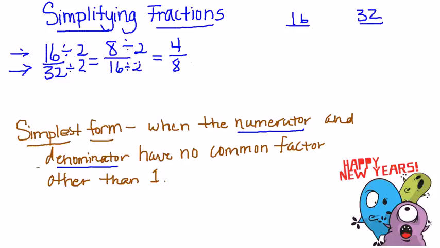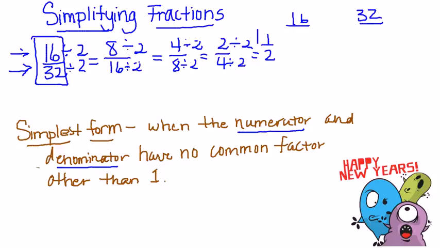Yes, I can, because those are two more even numbers. Divided by 2 gives me 2 and 4. Look at that. I could divide it by 2 again. And I would get 1/2. So 16/32 is renamed as 1/2 because now there's no more numbers that can go into 1 or 2.